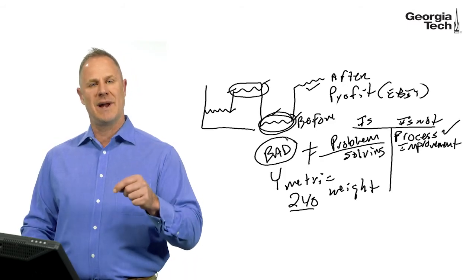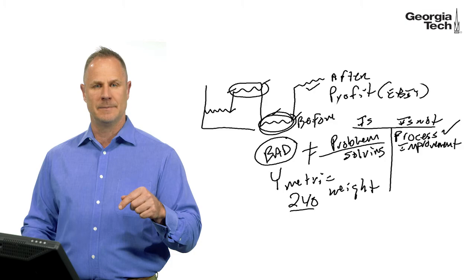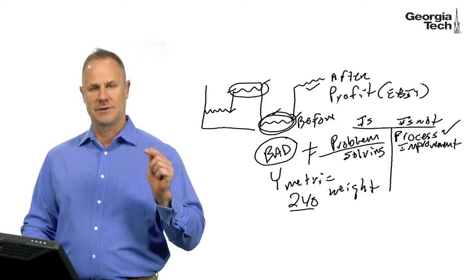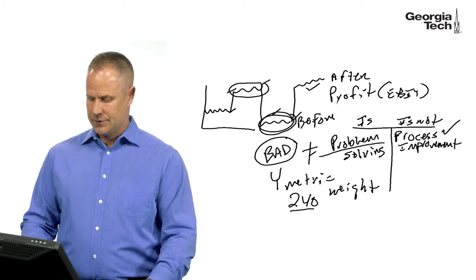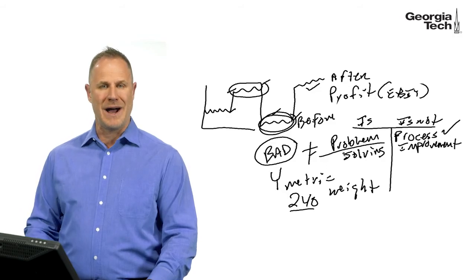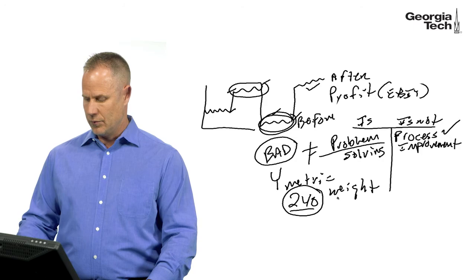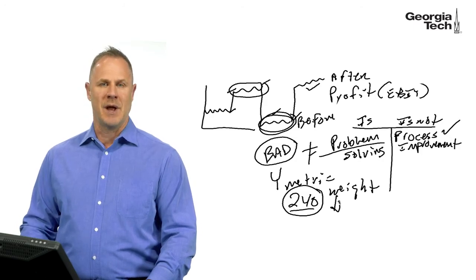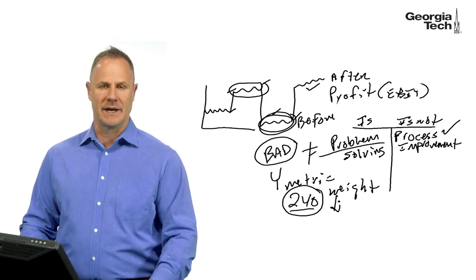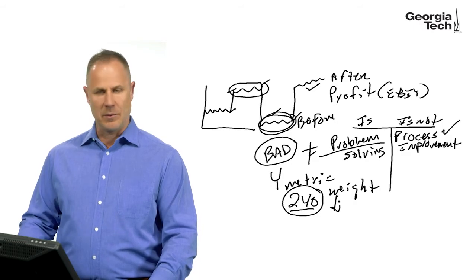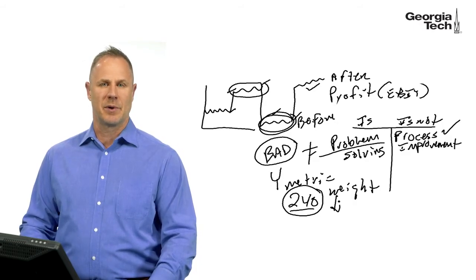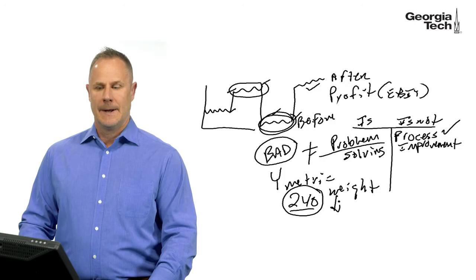It is, however, a metric that I would like to improve upon. And in this case, I would like to make it go down. So my Lean Six Sigma project is going to be to make my current weight of 240 reduce to some number. And we'll talk about goal setting in future modules. But that would be a great example of a Lean Six Sigma project in your personal life.